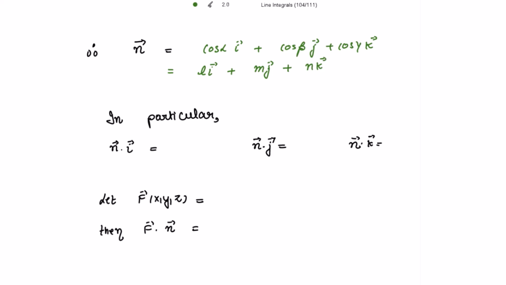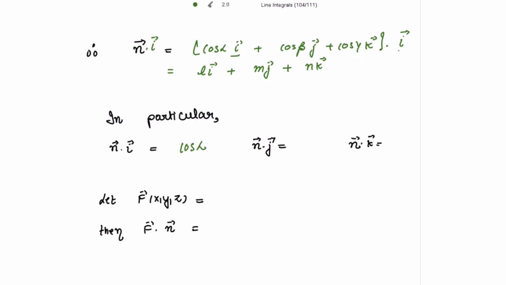In particular, if I take the dot product of the outward normal vector with i vector, what is n vector? It is cos alpha i vector plus cos beta j vector plus cos gamma k vector. Taking its dot product with i vector, that becomes cos alpha, since i dot i is 1, and j dot i is 0 and k dot i is also 0.